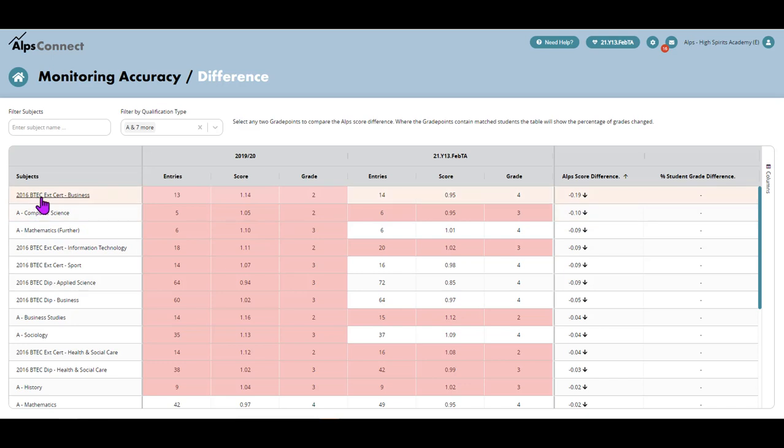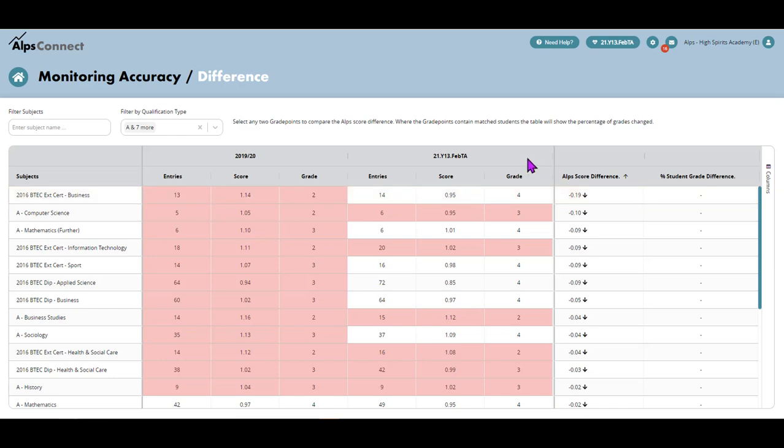So I can see that from last summer to my latest prediction, my ex-cert and business studies teachers are predicting quite a significant drop. So again, that's a concern over accuracy of predicting in the opposite direction, to say, are you sure? And how can we intervene now? It's only February, look. How can we intervene now in order to bring them back online?